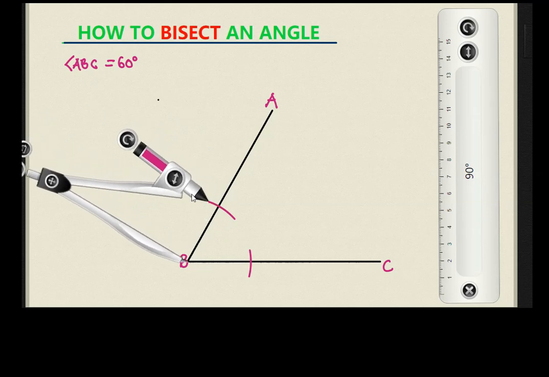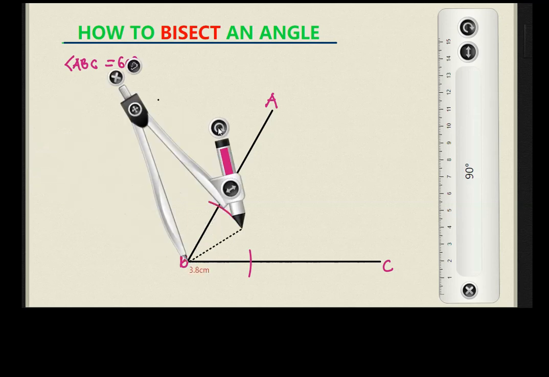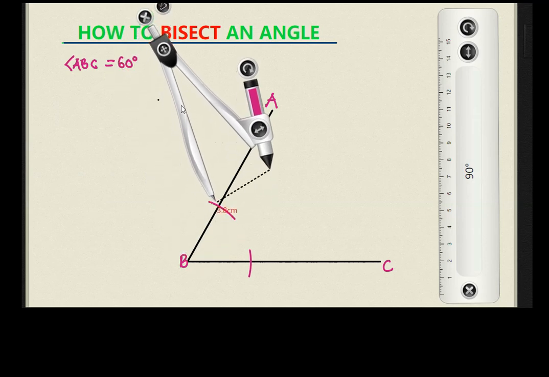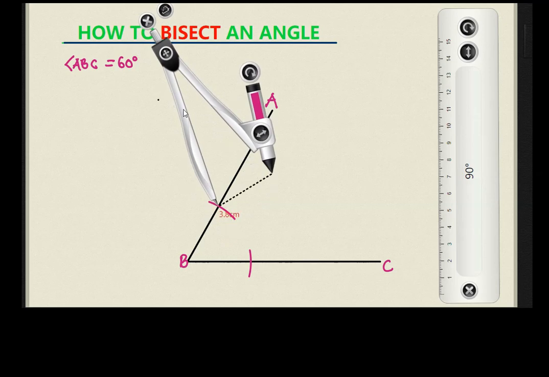That's the first step you have to do when you are bisecting an angle. So I'll now take my compass and place it at this point, then draw an arc here.